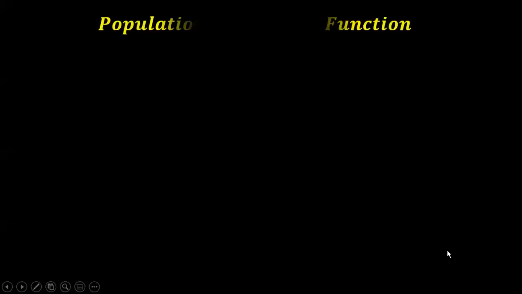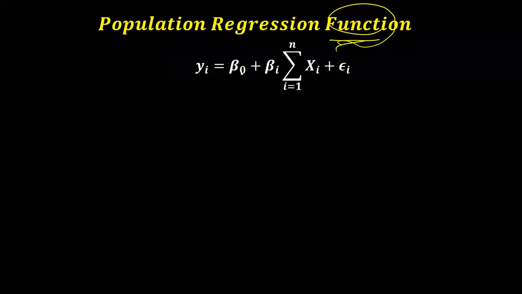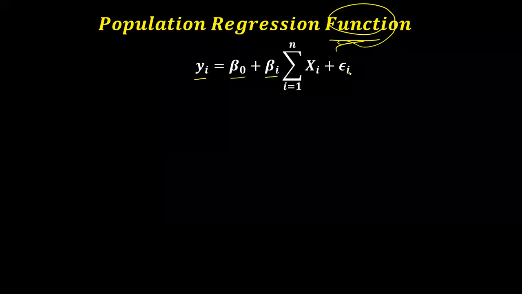First of all, there are two things you have to note. The first one is the population regression function. It is denoted by yi equals beta naught plus the sum of beta i xi plus epsilon i.